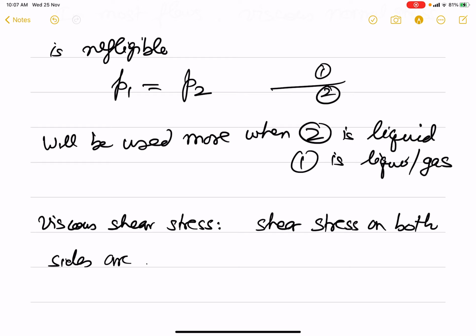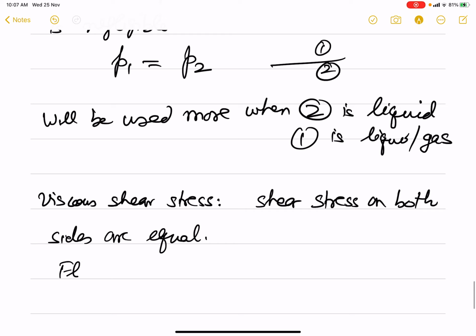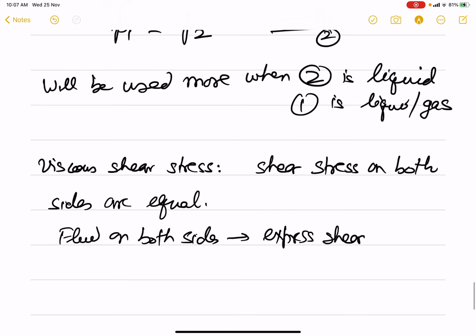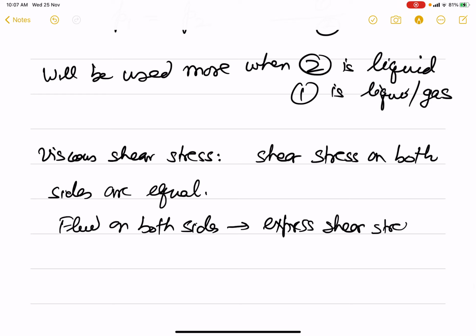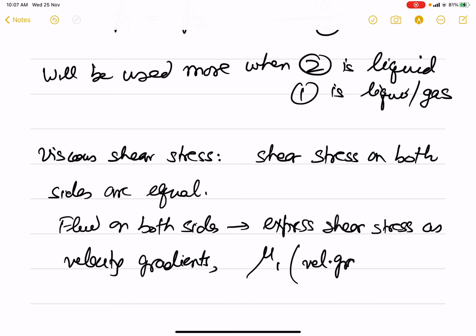Now, if there is fluid on both sides, you express shear stress as a function of the velocity gradients, and then you will have mu1 times a velocity gradient, whatever terms are there, equal to mu2 times the velocity gradient.